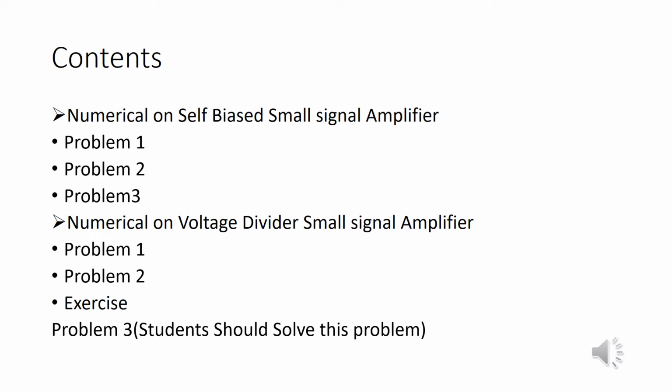Here I am solving 3 problems for you all. Then numericals on voltage divider small signal amplifier. 2 problems I will discuss, and the last problem is an exercise for the student community, and any problem they have we'll discuss in the live session in the coming 12th lecture.